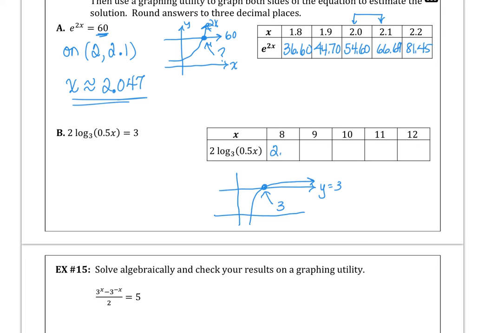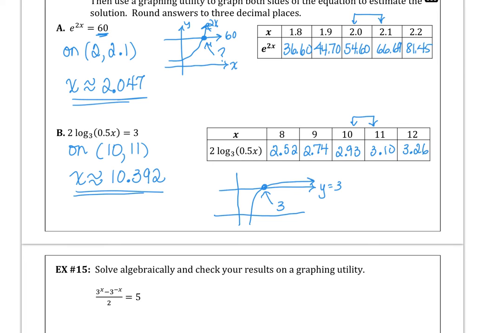Because I've got 2.52 when x is 8, 2.74, 2.93. This is 3.10, so it's somewhere between 10 and 11 and 3.26. So we know the interval is on some number between 10 and 11. And when I used that intersect feature, I found out x was 10.392.